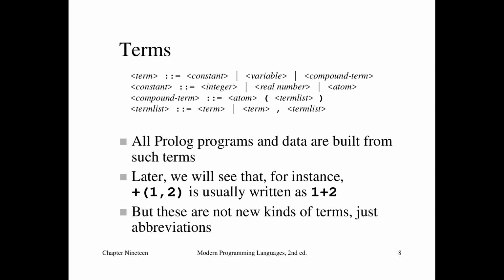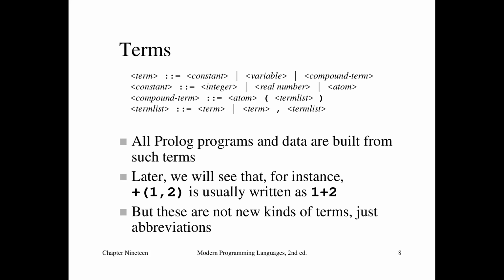But we can also write them in infix notation, for example, 1 plus 2 rather than plus(1, 2). But we need to note that the infix notation is simply an abbreviation, which makes it easier to read what's going on, rather than a new definition of this type of term.